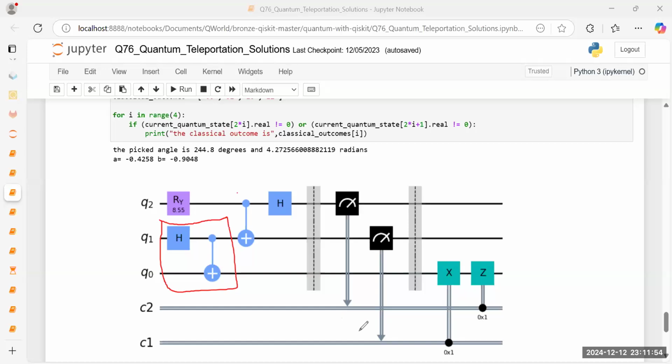And when she does this, she can send the classical bits she gets when she measures them to Balvis. And depending on the values that she measured, Balvis can apply a couple of gates.